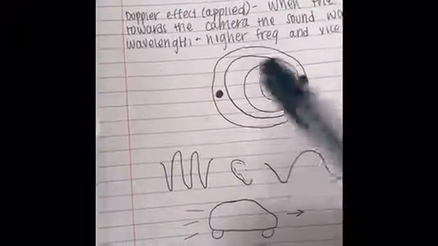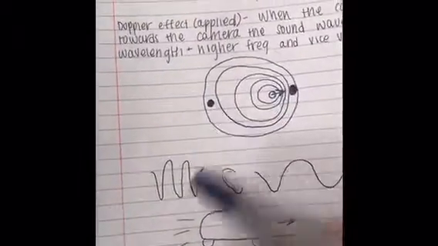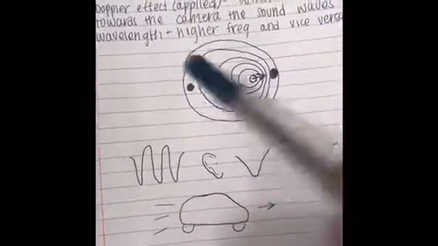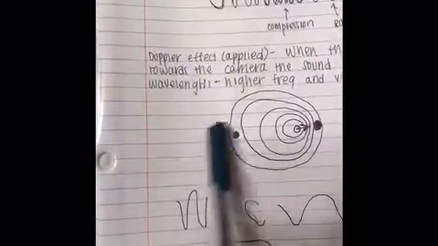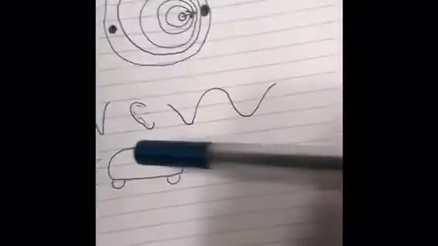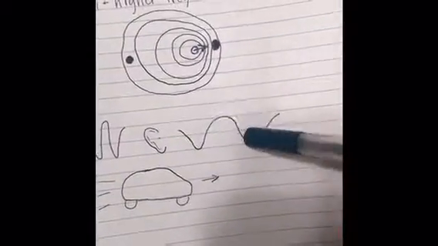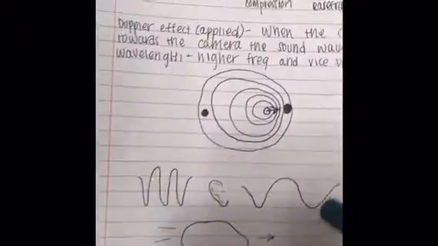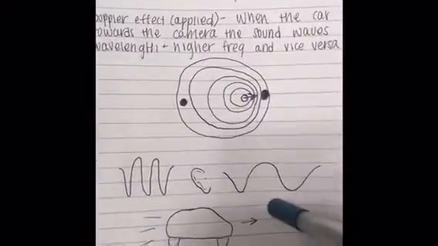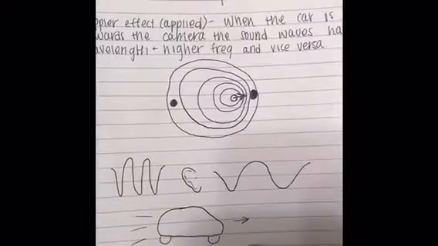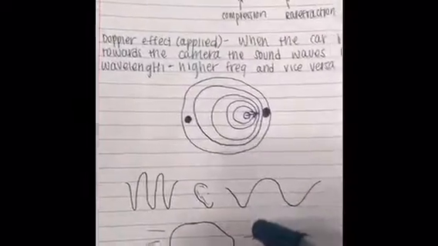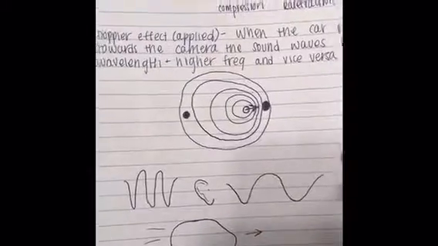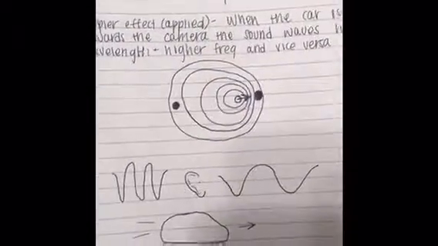Once the car starts to move away, you can see the length between the waves is much greater, therefore making a much lower frequency versus when it was coming towards. This is the reason for the quiet sounding horn honking when it is driving away versus when it's driving towards us.